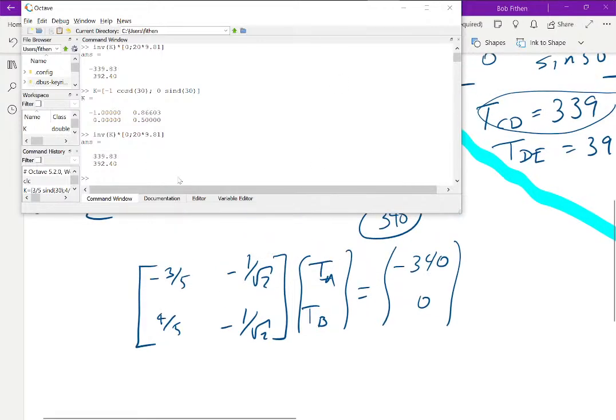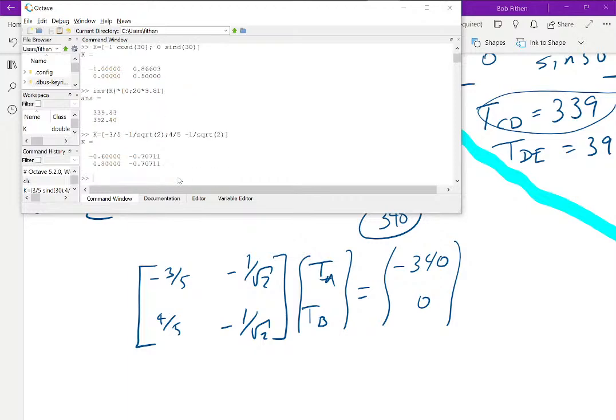K equals minus 3 divided by 5, minus 1 over square root of 2. Next row, 4/5, minus 1 divided by square root of 2. I get a matrix which looks like that. I can take the inverse of that matrix, multiply it times a vector which has minus 340 and 0.